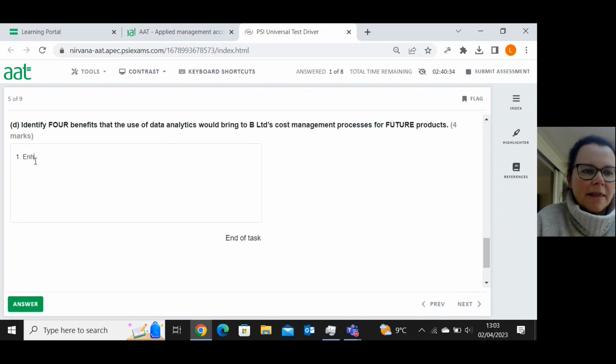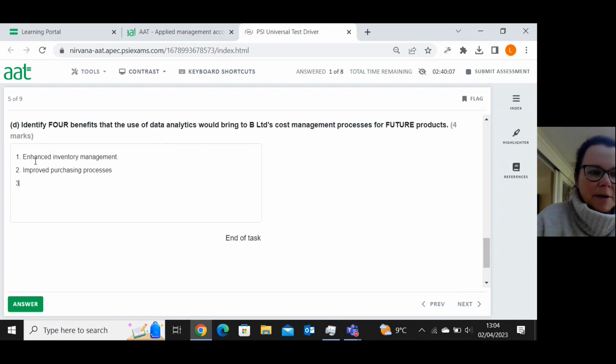So how will analysing data help them manage their costs? So one way might be that there is enhanced inventory management. Two might be, what else have we got? I'm just looking at the mark scheme here. We could improve purchasing processes.